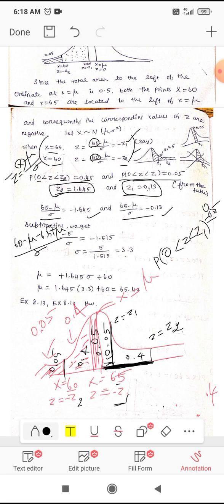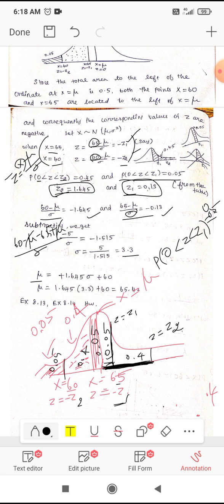On the right-hand side we can subtract directly. We cancel mu and get minus 5 by sigma equal to minus 1.515. So sigma equals 5 by 1.515, that is 3.3.